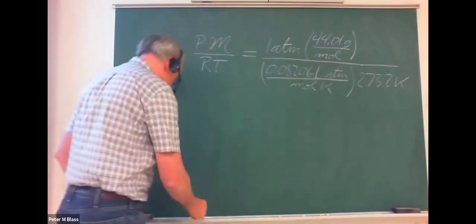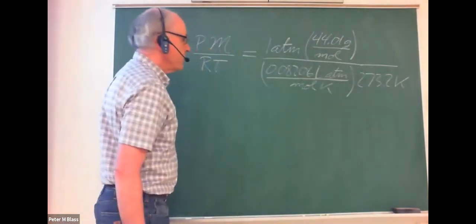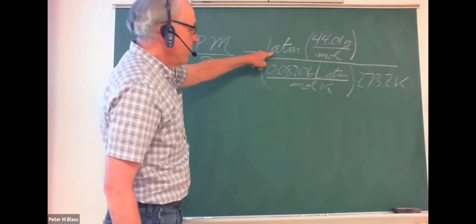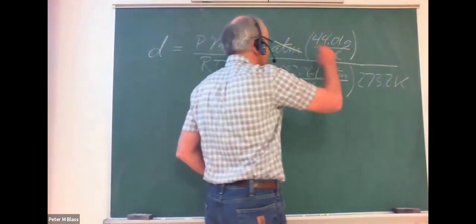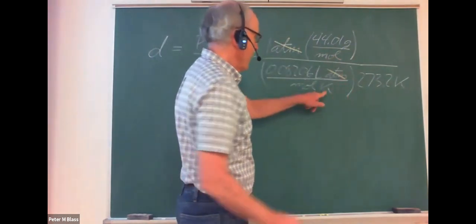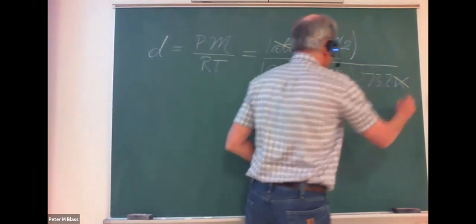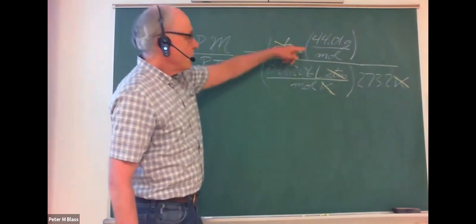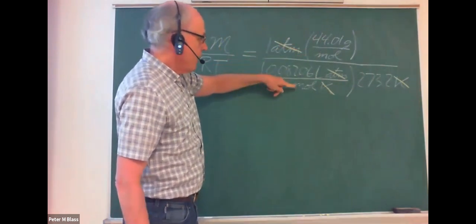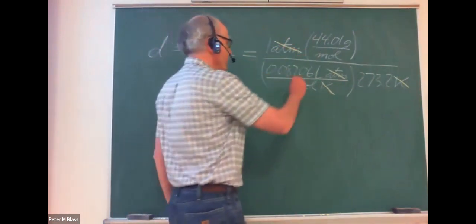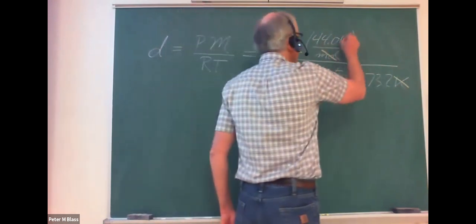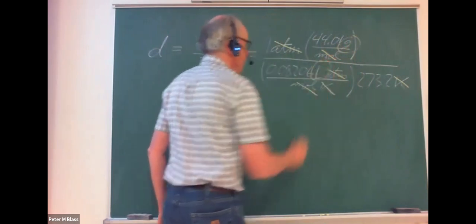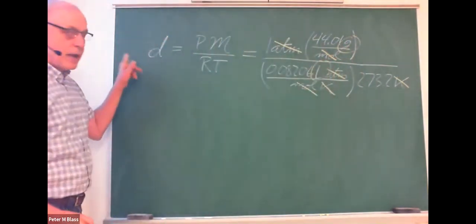Checking our units here, we have atmospheres in the numerator and in the denominator, so we can kill those. Here's kelvins, those go away for sure. Moles in the numerator and the denominator, so you can kill those. And look what's left, grams and liters, which is what we want, grams per liter, right?